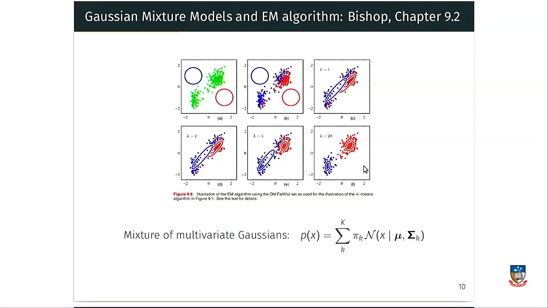Okay. What we want to do is we want to adjust the means, the variance and covariance of these distributions so that they explain the clusters in the data with maximum log likelihood.